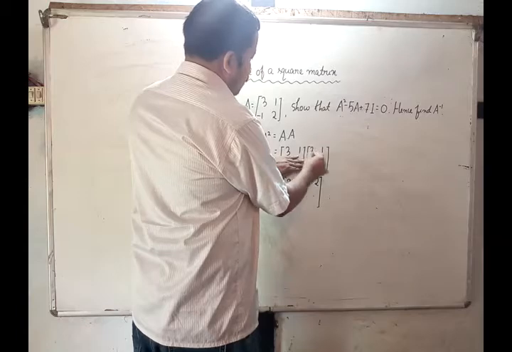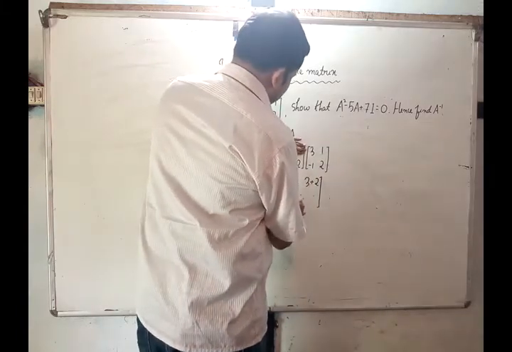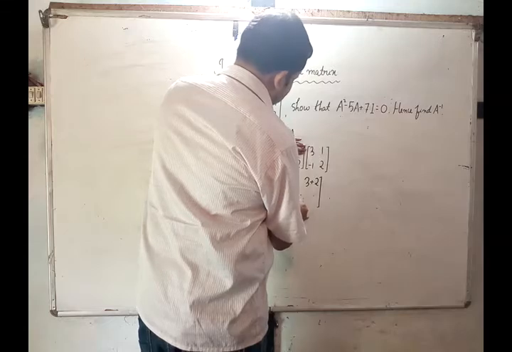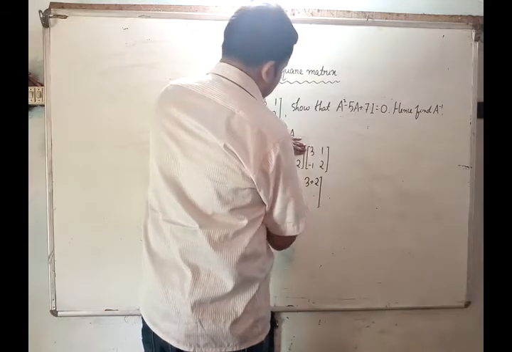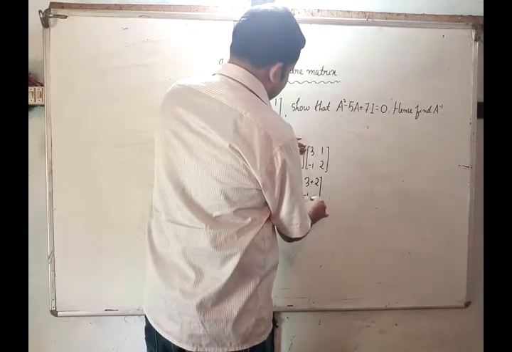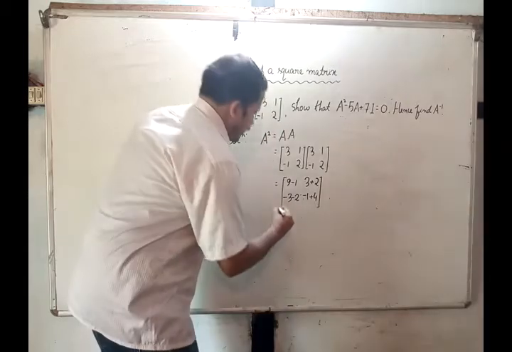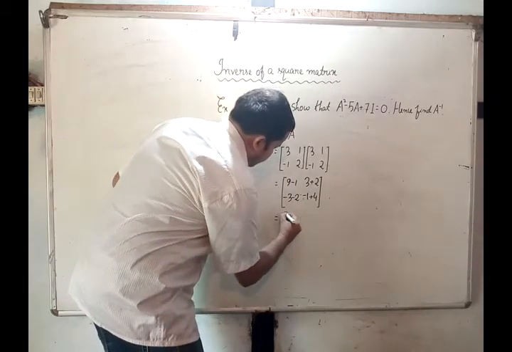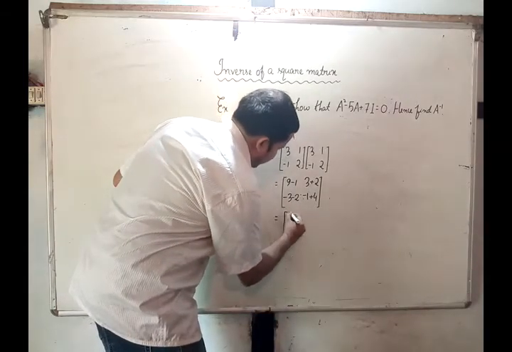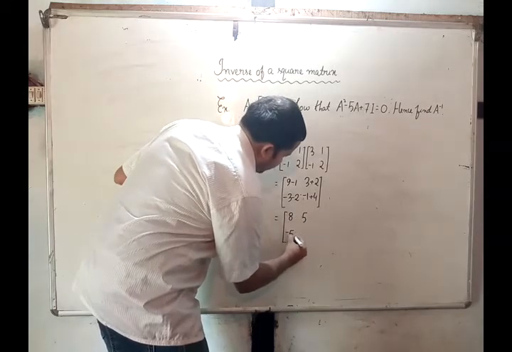Second row first term: minus 1 into 3 is minus 3, plus 2 into minus 1 is minus 2, gives minus 5. Second row second term: minus 1 into 1 is minus 1, plus 2 into 2 is 4, gives 3. So A squared equals 8, 5, minus 5, 3.